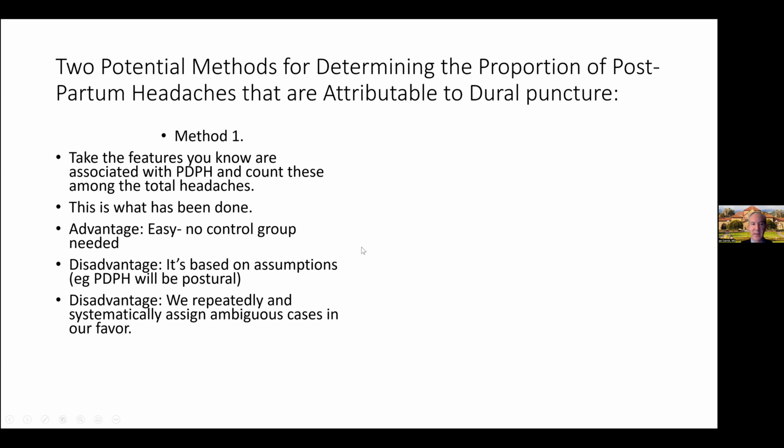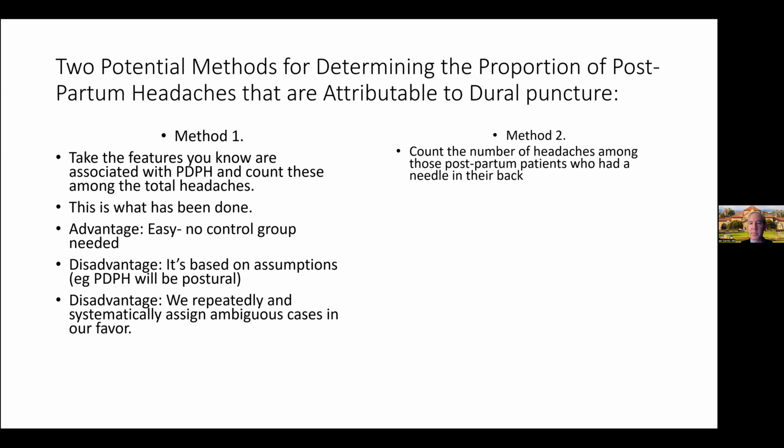What's an alternative method? An alternative method is you count the number of headaches among those postpartum patients who had a needle in their back. And then you count the number of headaches in a matched postpartum group who had no needle in their back.